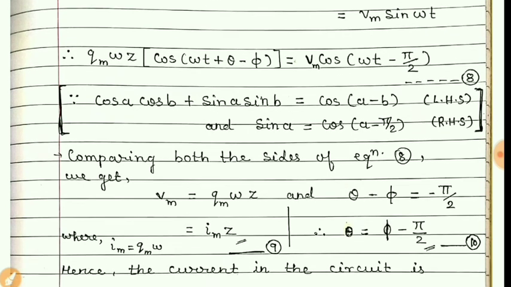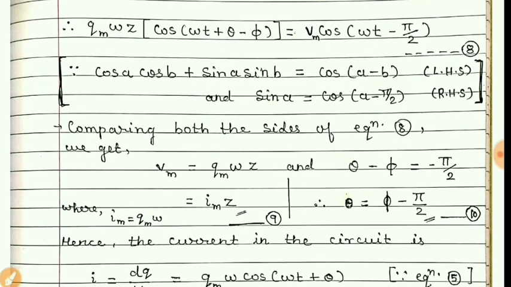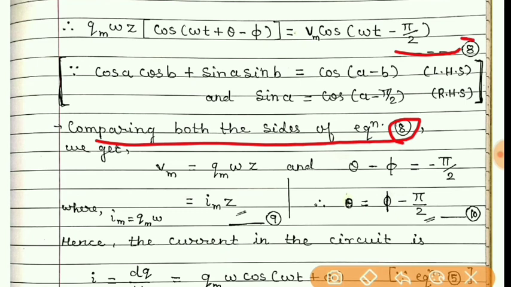Now next step, comparing both the sides of the above equation 8. If we compare both the sides, then you can see that here it is cos, here also it is cos. So Vm should be equal to this.